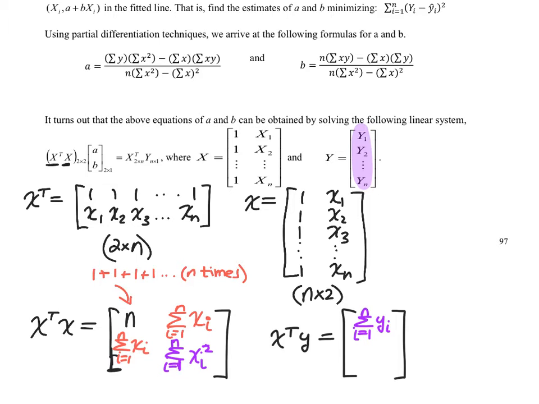And then I'm going to be taking each one of these x entries in row 2 and multiplying by the corresponding y. So x1 times y1, x2 times y2, x3 times y3, all the way up to x sub n times y sub n. All right, so that's going to give me x sub i, y sub i.